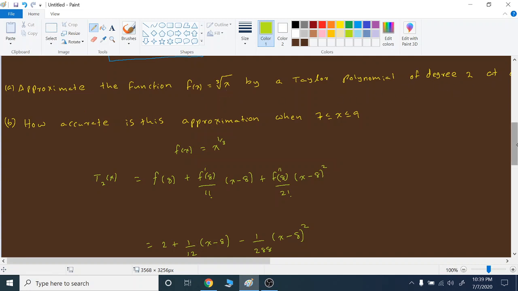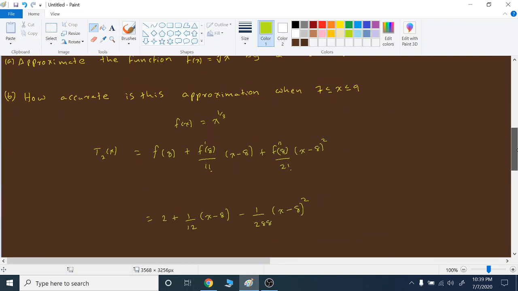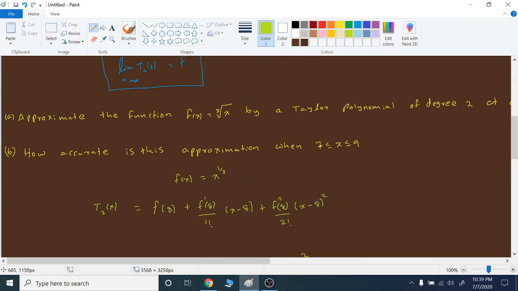of degree 2. In other words, what they say is to consider this function as the Taylor polynomial of degree 2.